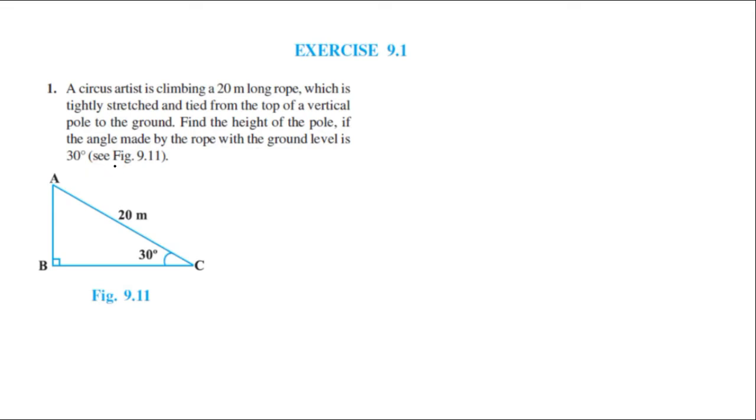You can see figure 9.11. Here AC represents the rope and AB represents the pole.